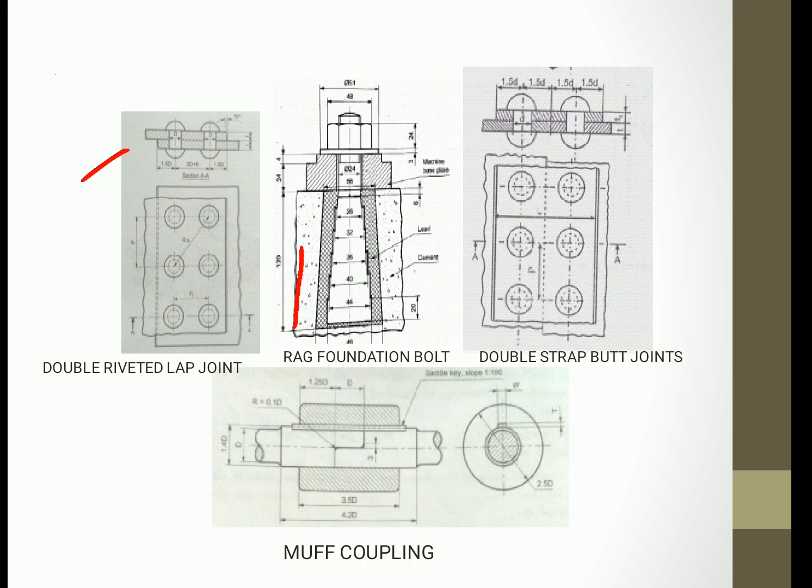Then we will see double strap butt joint. Now what is a butt joint? In a butt joint, 2 plates are joined against each other with the help of a cover plate or strap, and these joints are used for joining thick plates.